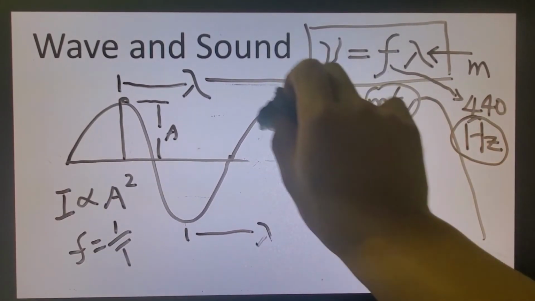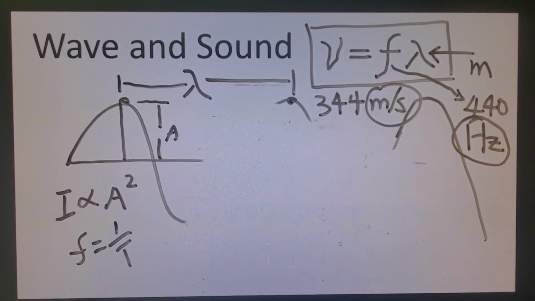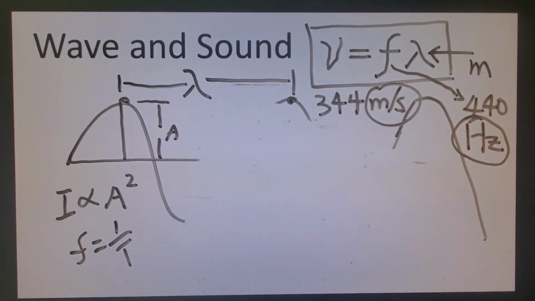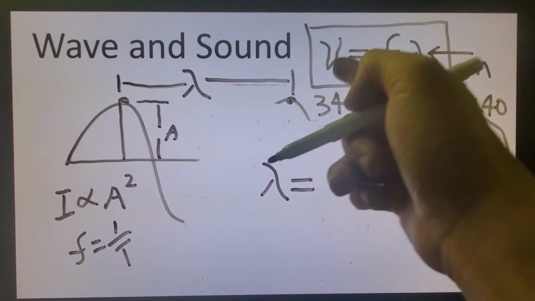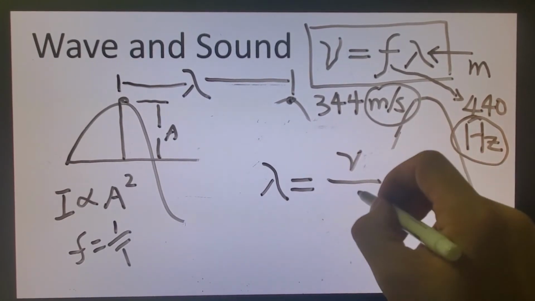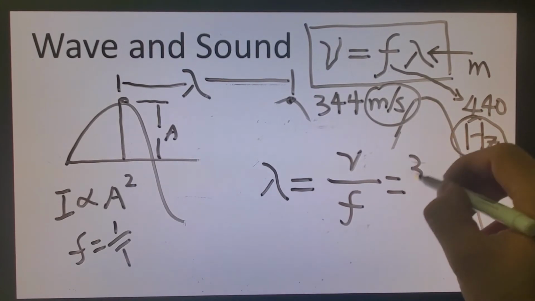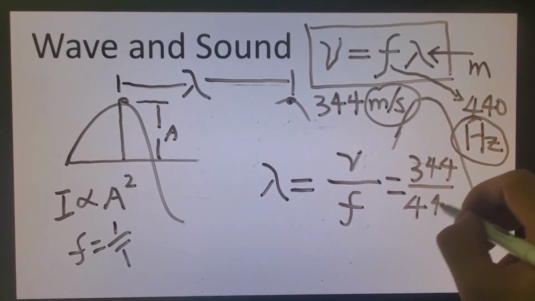Let's solve this together. If I give you the velocity and the frequency, how do I calculate the wavelength? Wavelength will be equal to velocity divided by frequency. So you have 344 divided by 440.